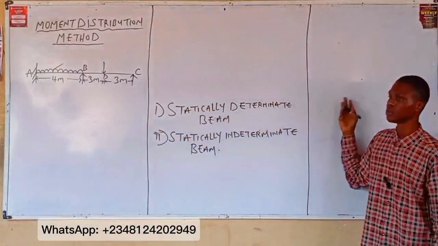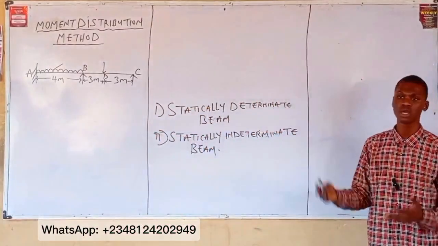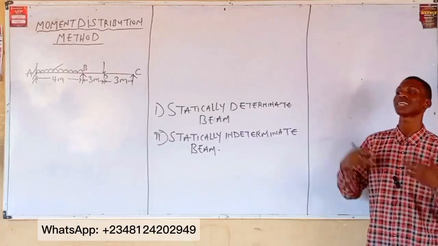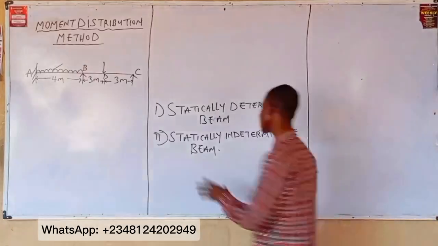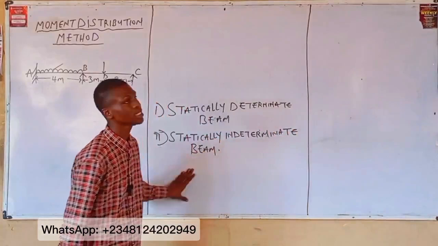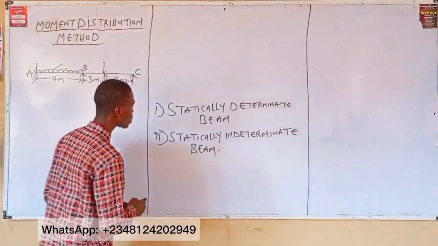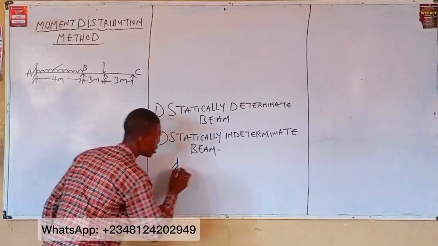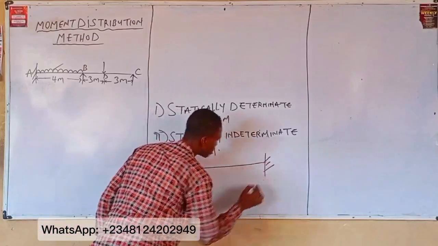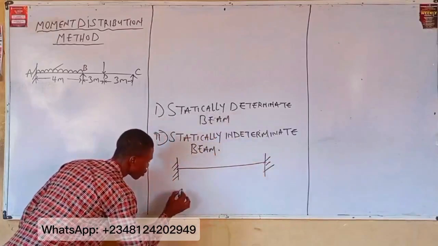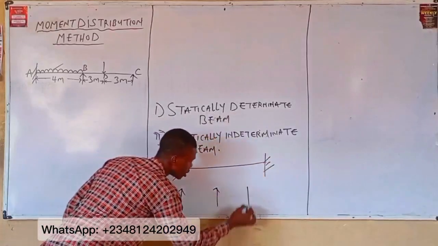Statically determinate beams are the simply supported beam, overhanging beam, and cantilever beam. Under statically indeterminate beam, there are just two: the first one is fixed beam, and the second one is continuous beam.